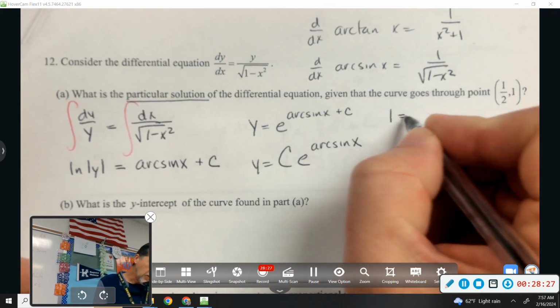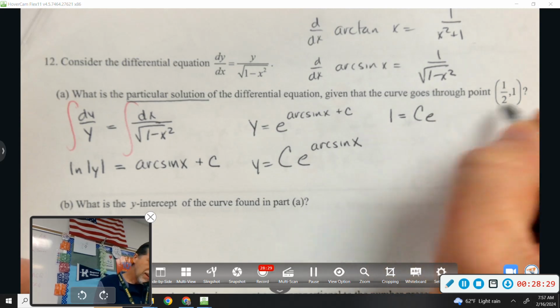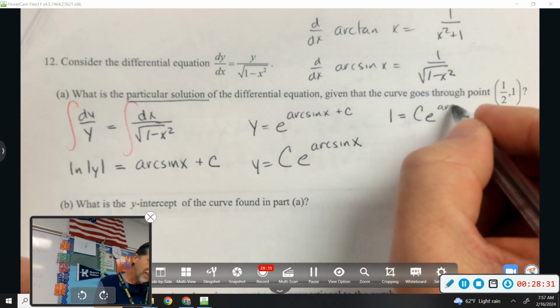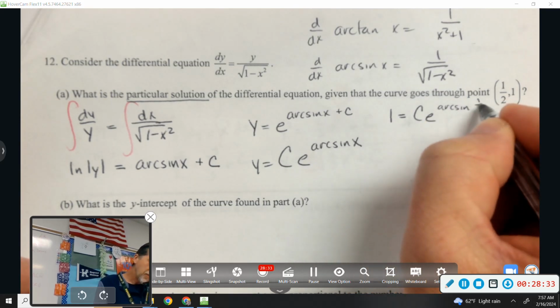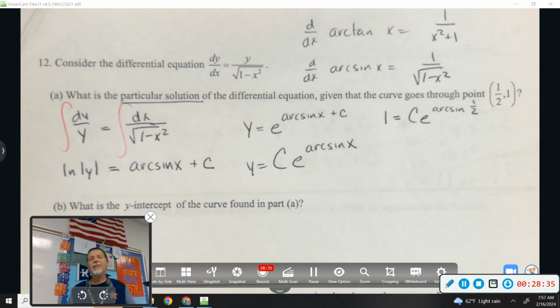So 1 goes in for y, 1/2 goes in for x. Come on. What's the arc sine of 1/2? That means find an angle whose sine is 1/2. Unit circle experts, pre-cal friends, pi over 6.